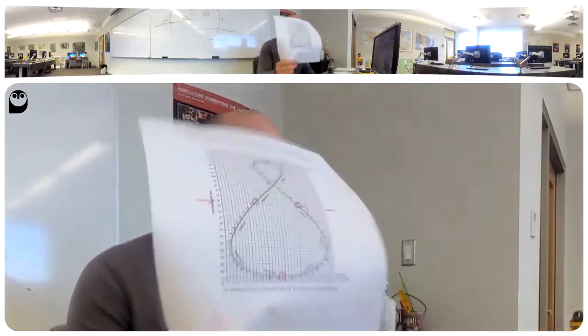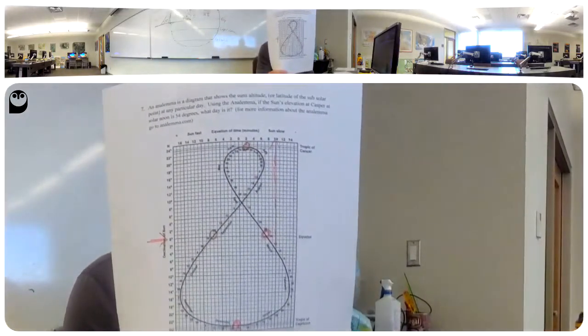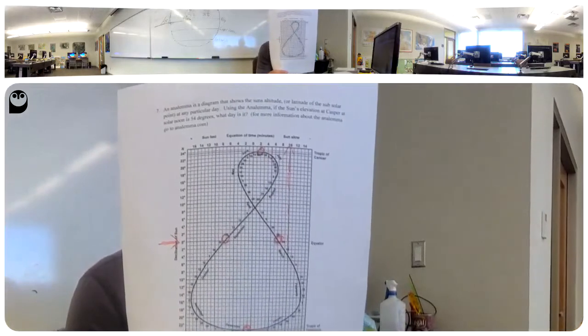And you can make your own analemma. It'll take some time. But for example, you could go out. Let's say you had a flagpole, or some kind of stone structure like a tower in your backyard.